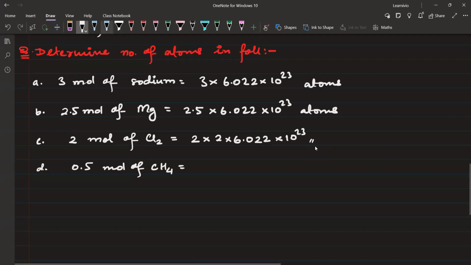Hafsa, Shaima, and Zainab, how many atoms are there in one molecule of CH4, in the Zoom chat, please? How many atoms are there in one CH4? Total number of atoms in one molecule of CH4. Shaima, Hafsa, correct, very good.